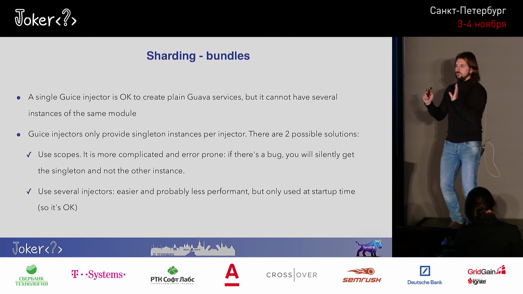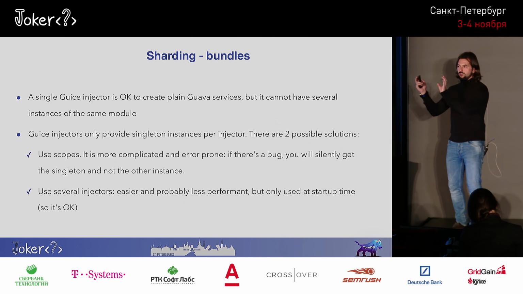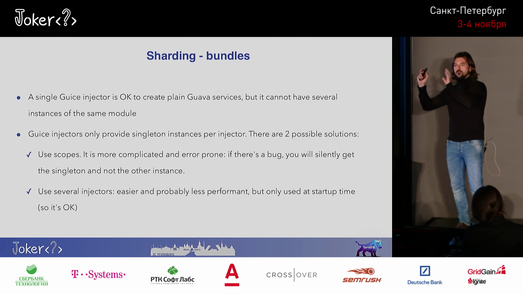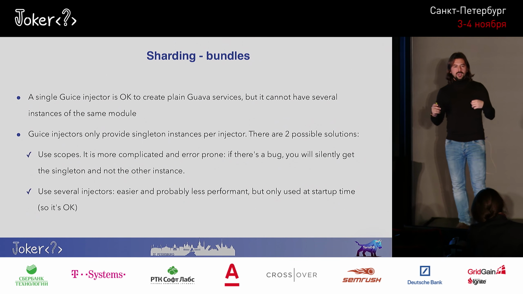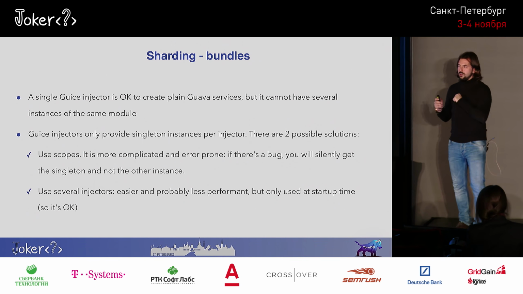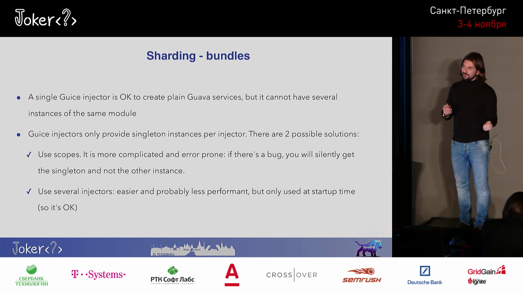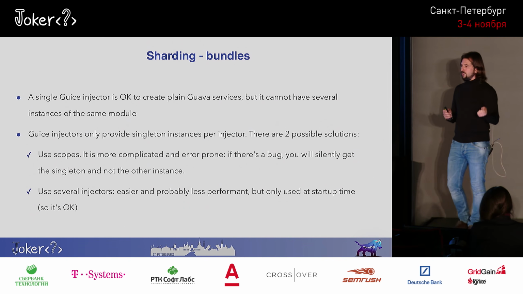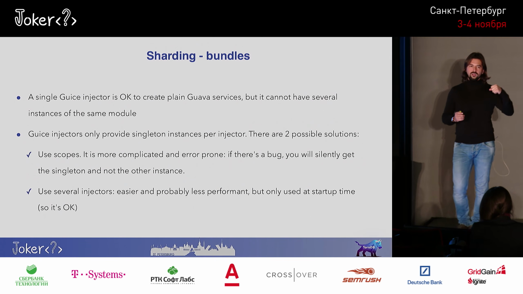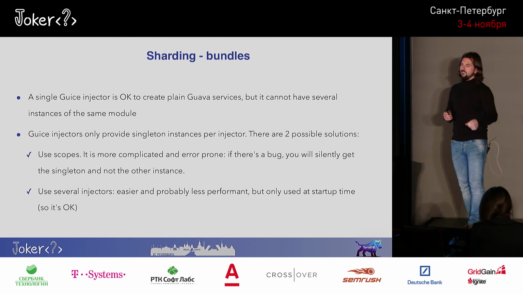With a scope, basically, you say this injector is going to inject this kind of object within this scope. But if you make an error, if there's a bug, it will not complain. It will just inject the same instance, and you don't want that to happen. So this is very risky. Just a single mistake will silently give you the wrong instance injected, so we didn't want to do that.